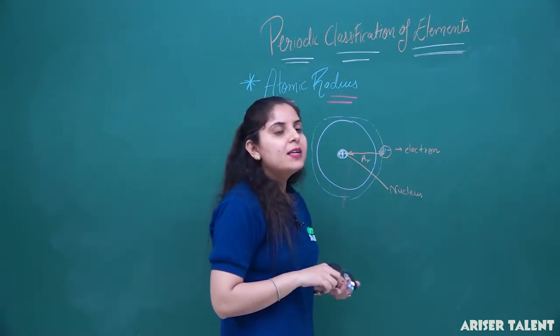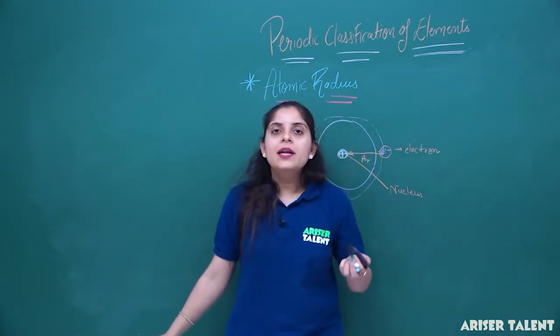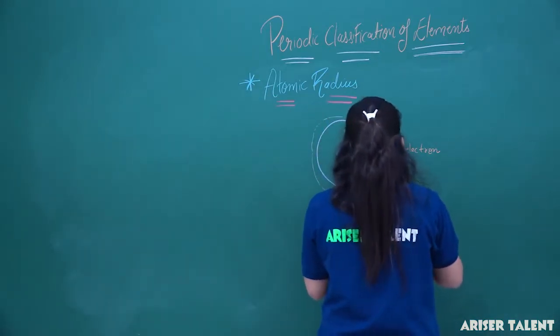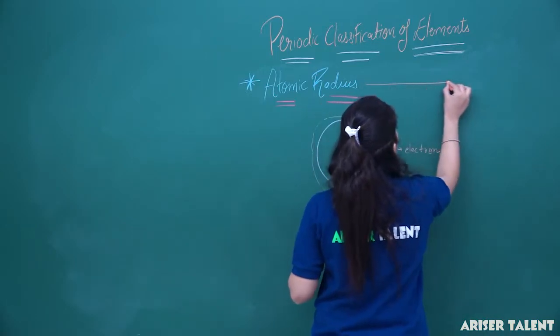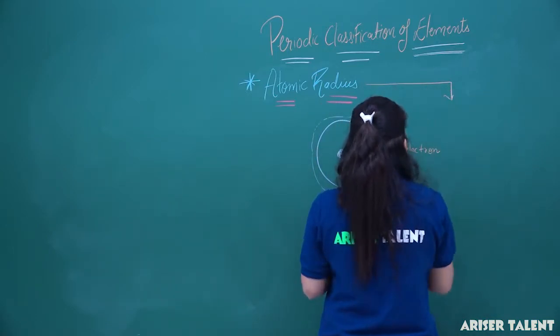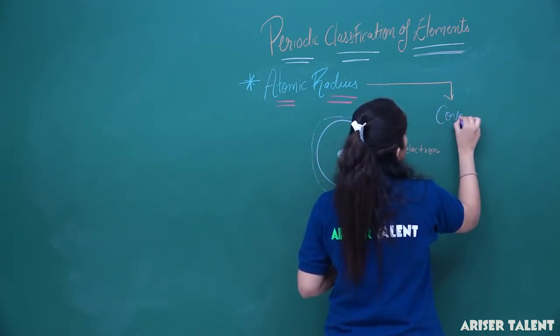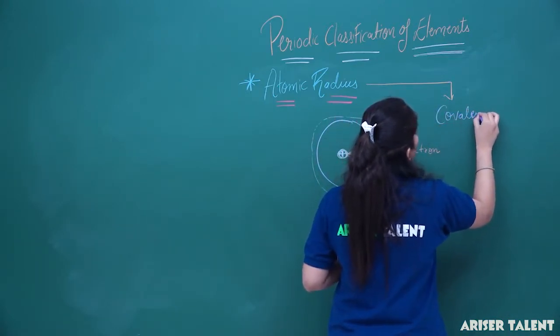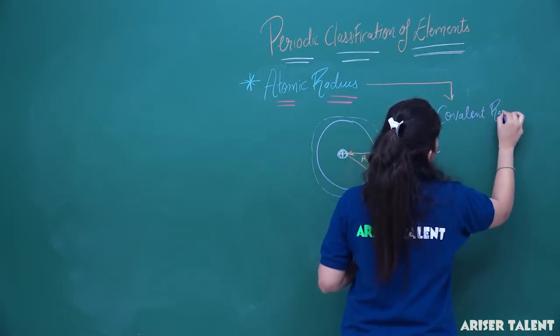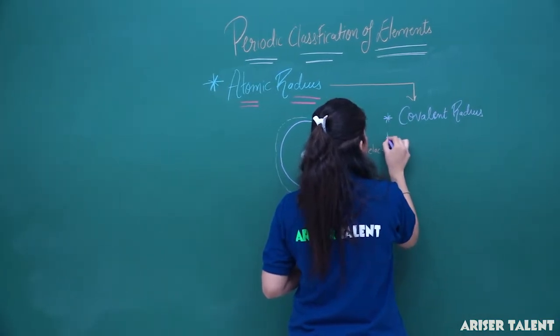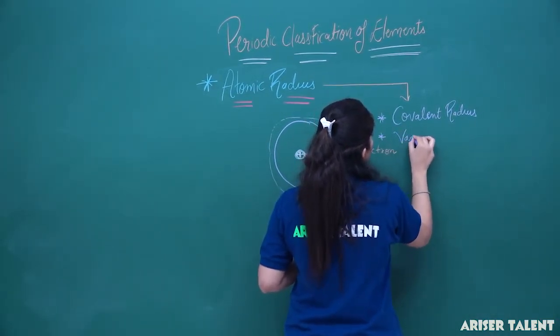Now, atomic radius is not an individual term. It is actually divided into 4 parts. So, what are these 4 parts? These are covalent radius. Second one is van der Waals radius.